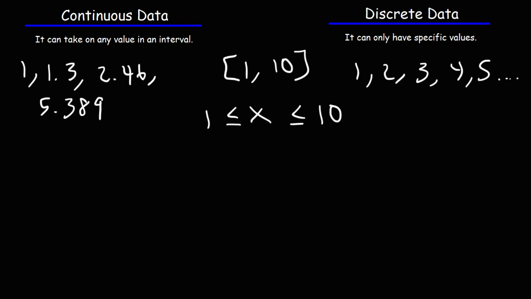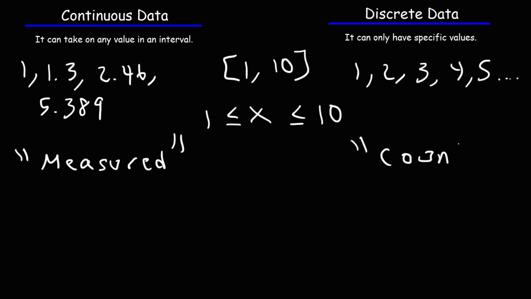Now, continuous data is data that can be measured. So if you're measuring something, it's not only going to be whole numbers, it can be decimal numbers or fractions. Discrete data is data that is counted, and it's very easy to count whole numbers and natural numbers.